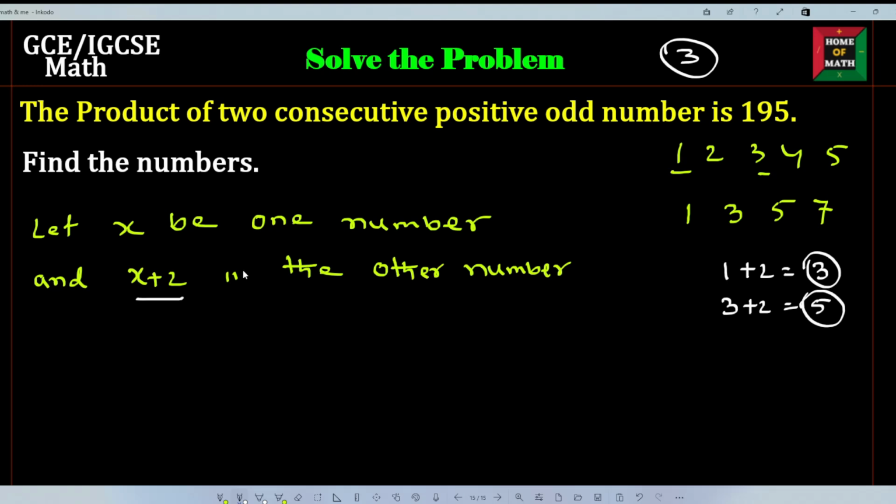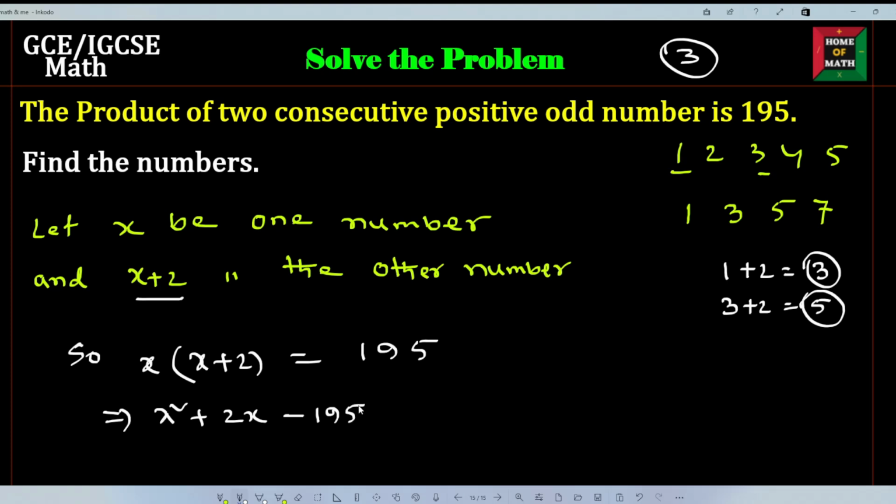Okay. And the product of two consecutive positive odd numbers is 195. So if we multiply, x times x plus 2 equals 195. So we can write x square plus 2x, and this 195 if we move it across, it will become minus 195, equal 0.